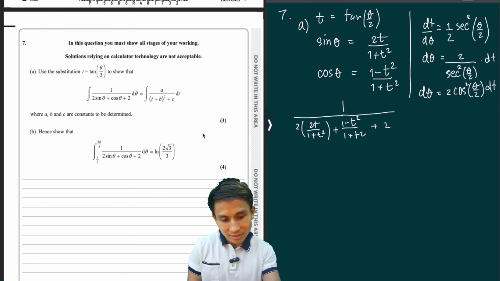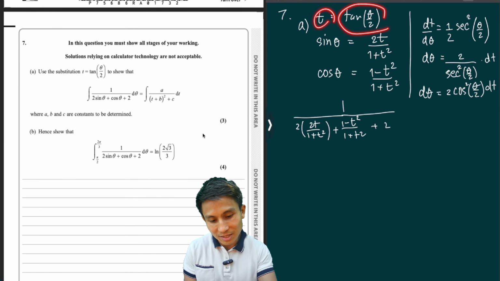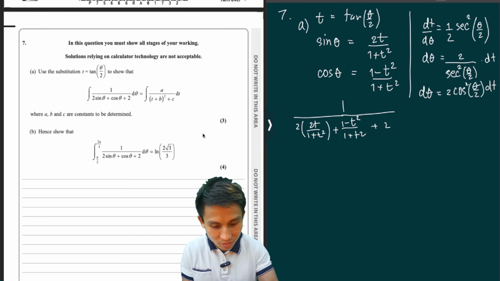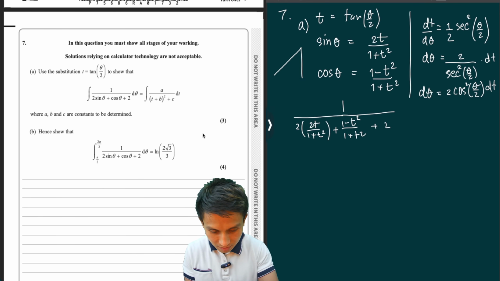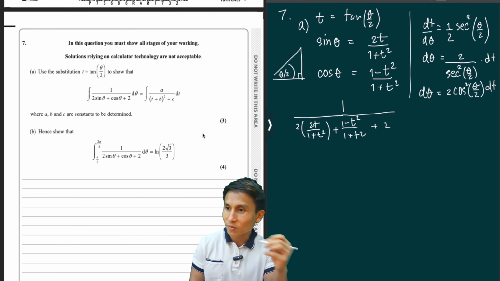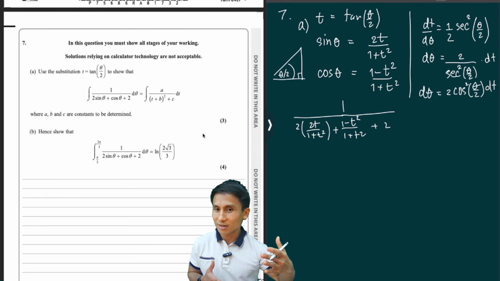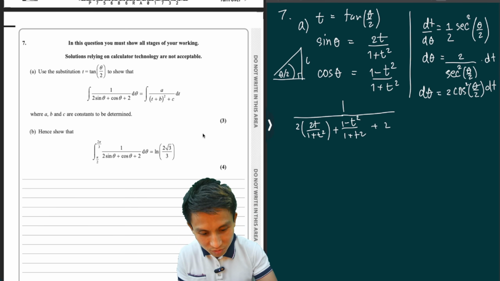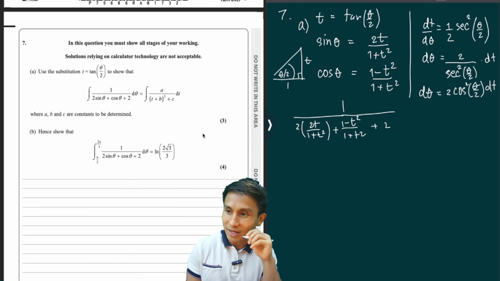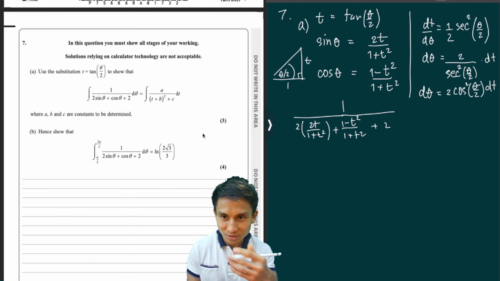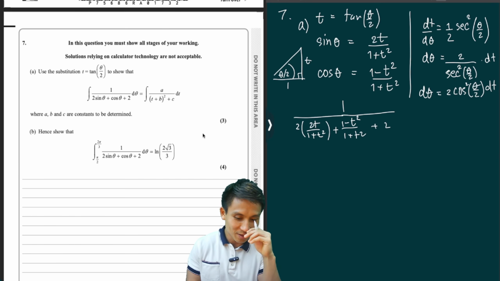Because tan is t, you can draw a little triangle here. If they give you tan theta over 2, the angle here is theta over 2, and this is a right angle, because tan is TOA, opposite over adjacent, so we can put t over 1 like that. That's just a little neat trick that I use all the time, not just in pure math but also in mechanics and others.